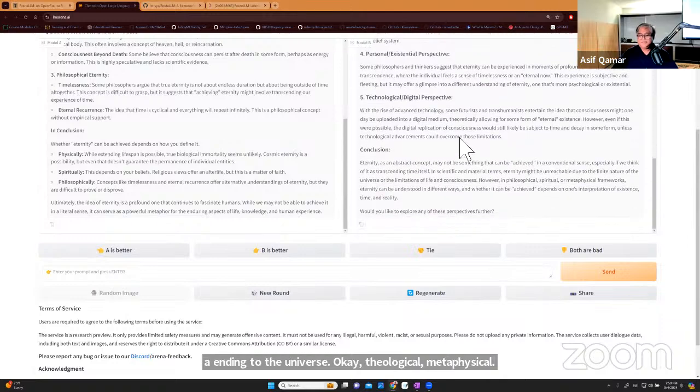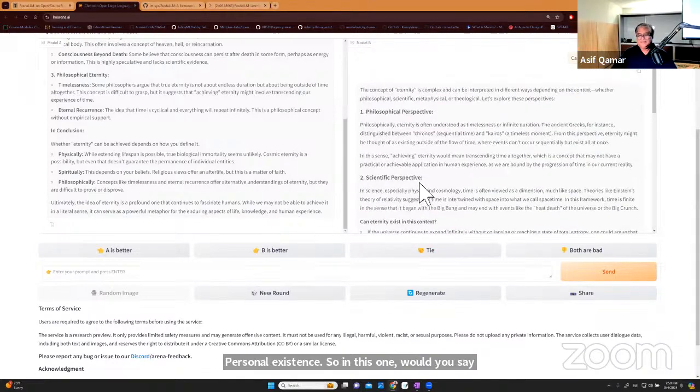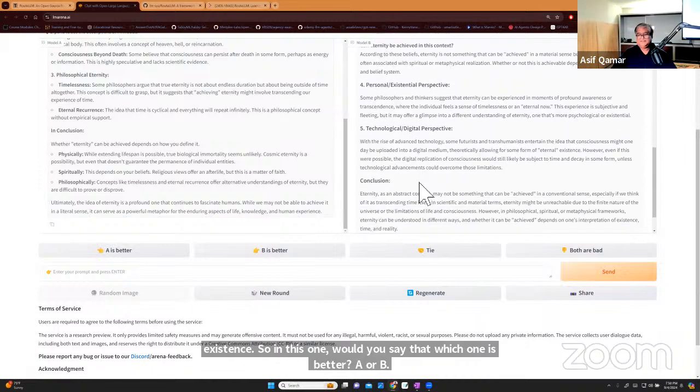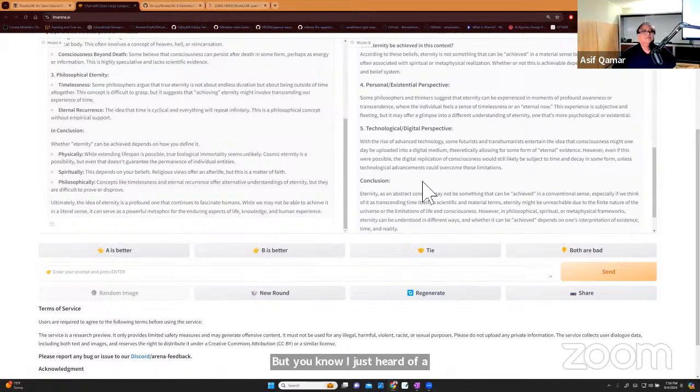So in this one, which one is better, A or B? I know you're leaning towards B. But I just heard of a concept called ELI5 today, explain like I'm a 5-year-old. But we didn't say that in the prompt.